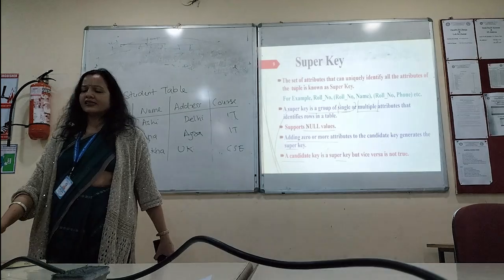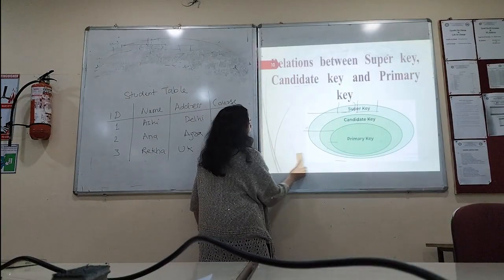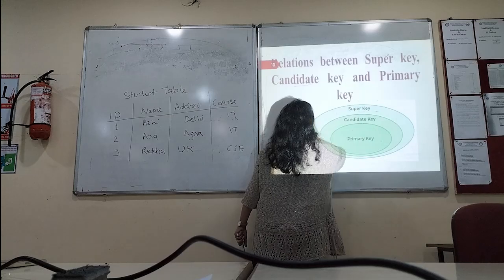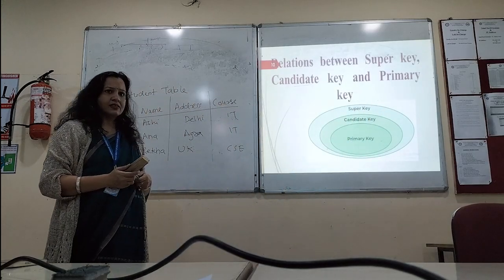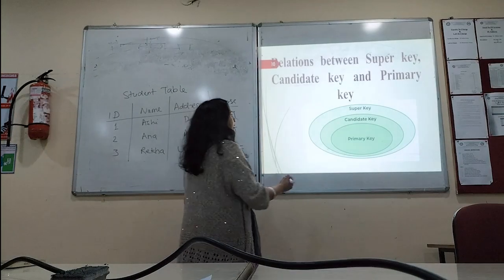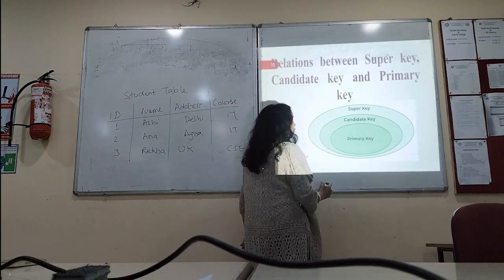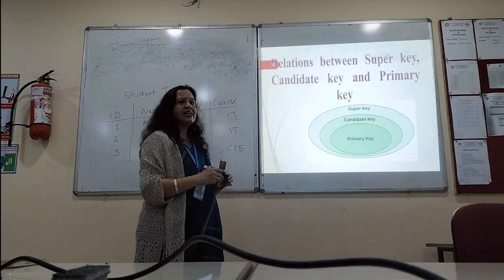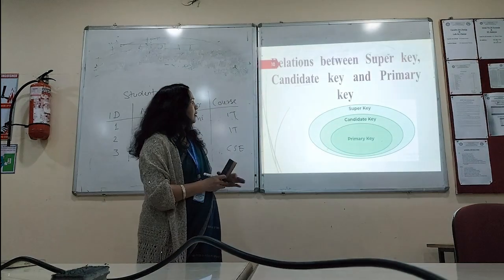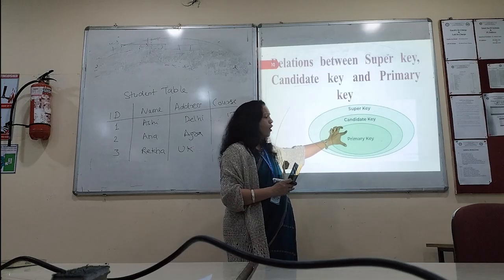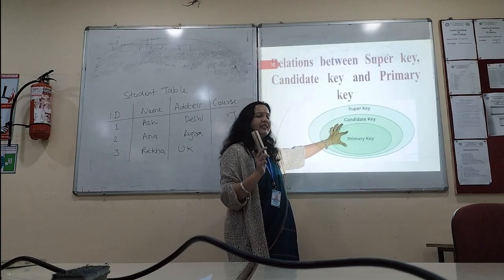So moving towards the next slide. Now this is the relation between all three keys I have discussed till now. Super key is the mother of all the keys. Super key has candidate key inside and candidate key has primary key inside. All these three keys are for identifying the rows uniquely, but the primary key is restricted because it cannot have null values and it is only chosen by the DBA.